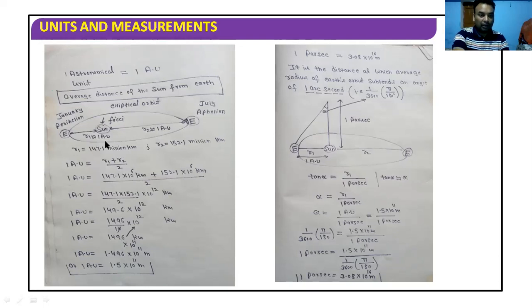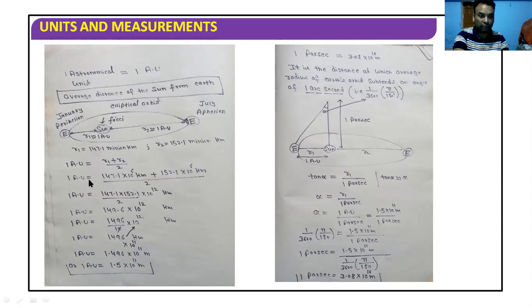Our definition is the average distance of the sun from the earth. Because we are interested in deriving one astronomical unit, I will take the average of these two radii. R1 plus R2 divided by 2 will give me one astronomical unit.